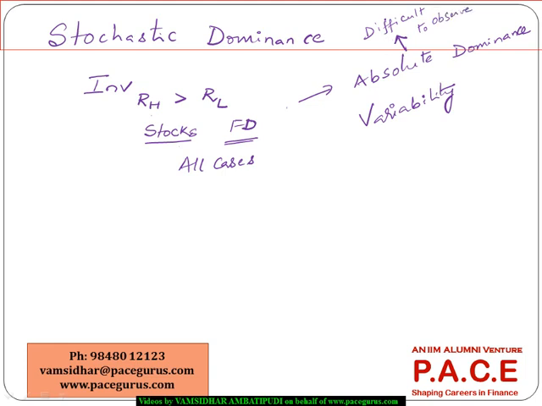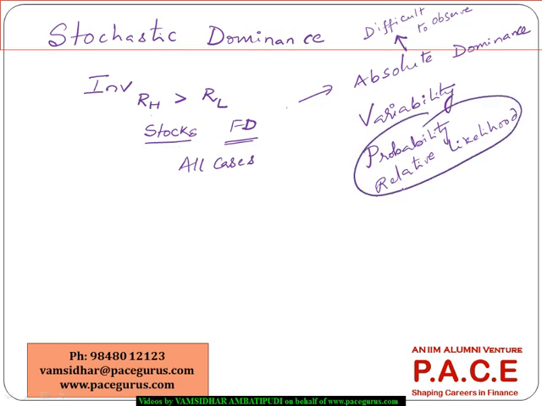And that is where we are talking from the perspective of probability, from the perspective of relative likelihood. That is where we shift from the concept of absolute dominance to the concept of stochastic dominance. We will not use absolute dominance because it is not possible that one single security or one single investment criterion will always dominate the other one.